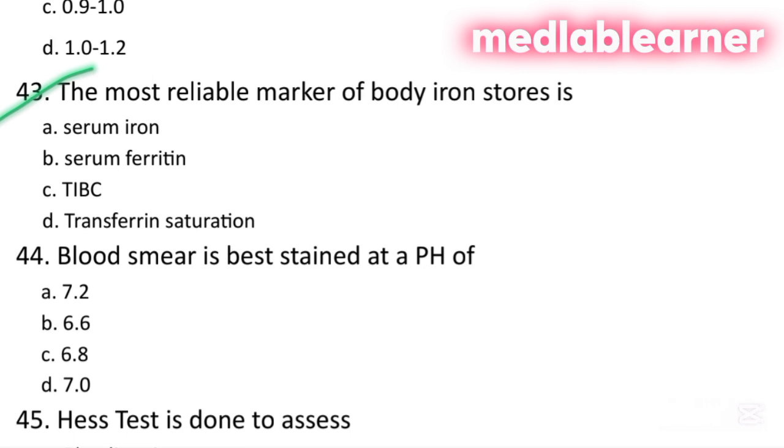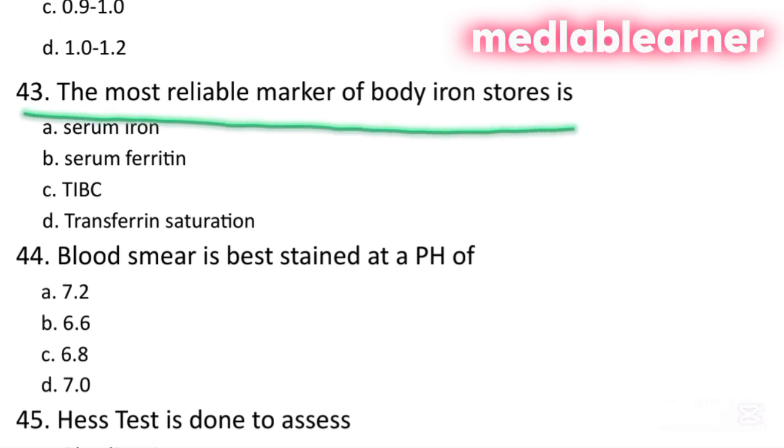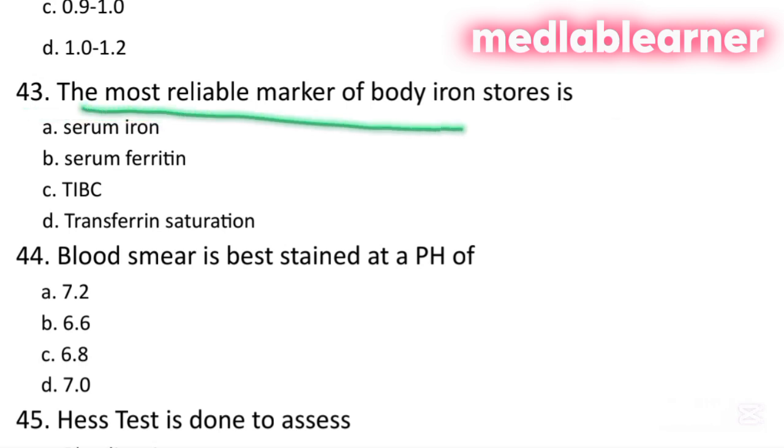43. The most reliable marker of body iron store is A. Serum iron, B. Serum ferritin, C. TIBC, D. Transferrin saturation.